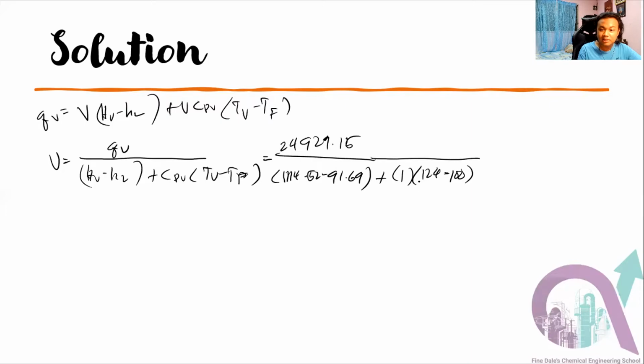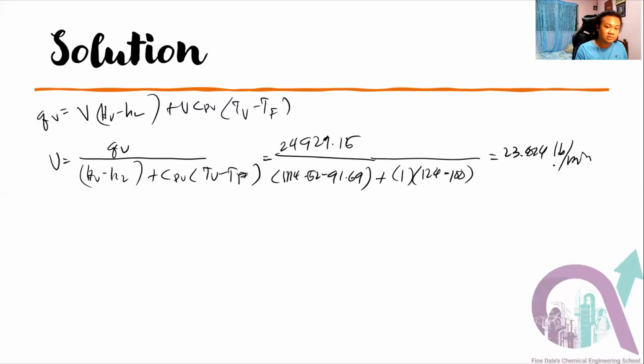Okay, so this is the temperature of the vapor, right? As it goes outside the evaporator, and then the final temperature of the water, which is 100 degrees Celsius. Okay, so you have 23.814 BTU LB per min.